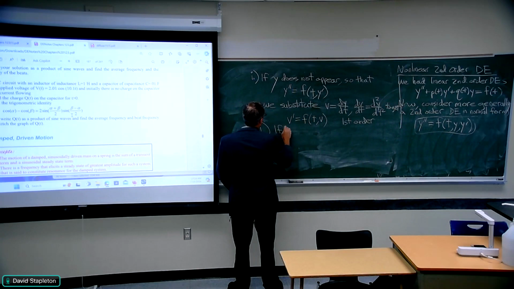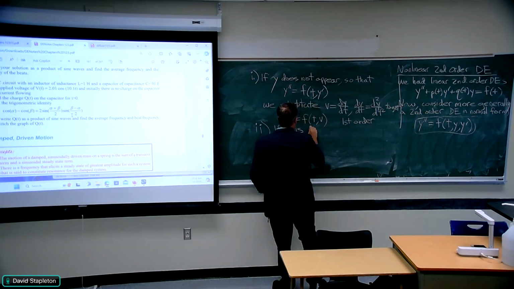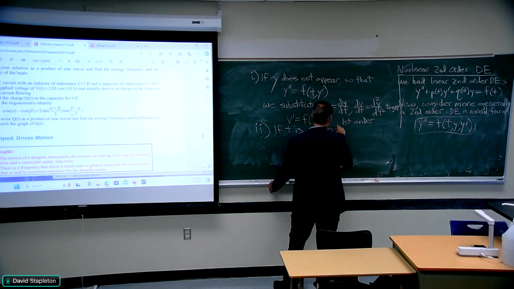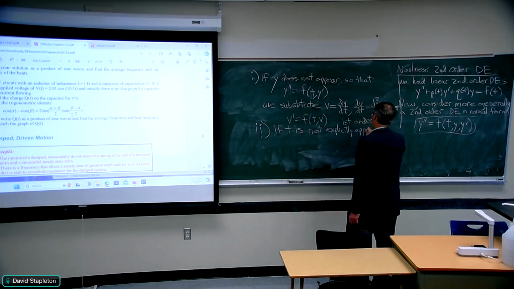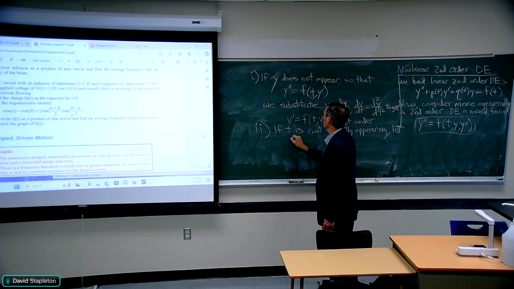Now the second will be if t does not appear. It's almost the same thing. That's why I got these mixed up. If t is not explicitly appearing, then you can let the same thing, v equal dy/dt.